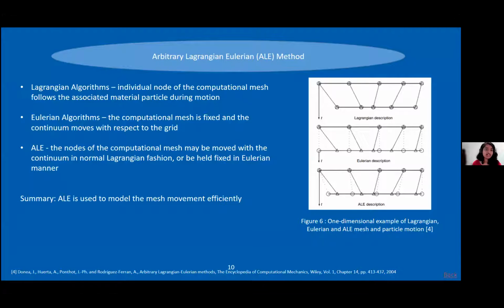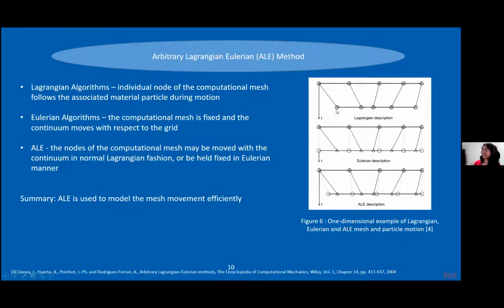So what is an arbitrary Lagrangian method? Most of you might be familiar with the Lagrangian and Eulerian algorithms. Lagrangian algorithms are mainly a particle tracked algorithm. So for example, here, if you can see the mesh node, which is circular, and triangular element, which is a particle, at the initial time, are coinciding.